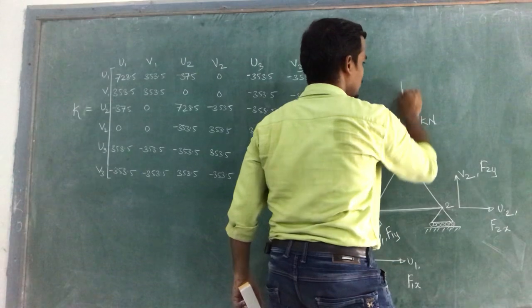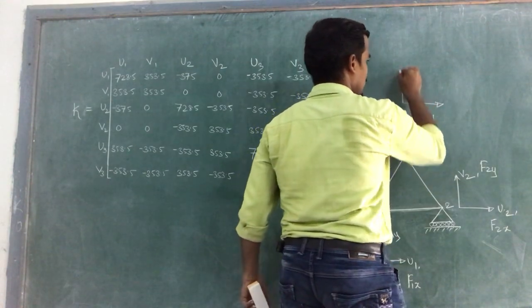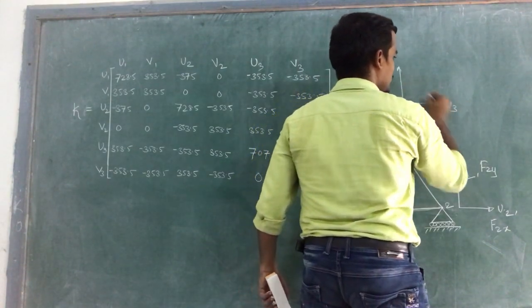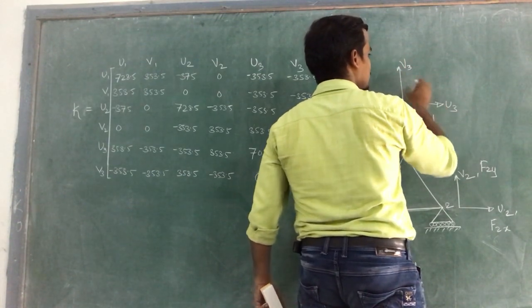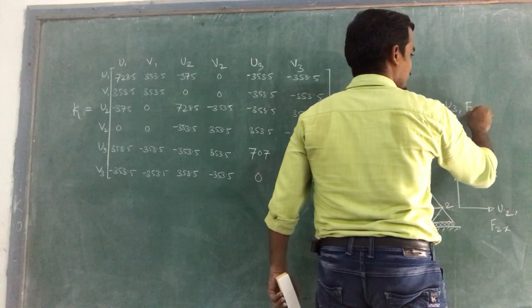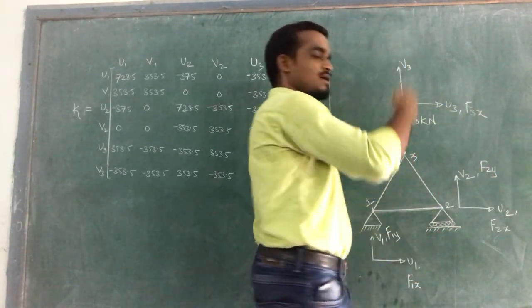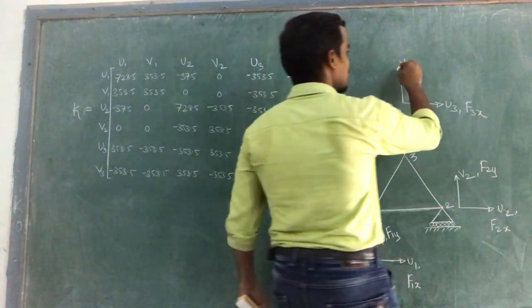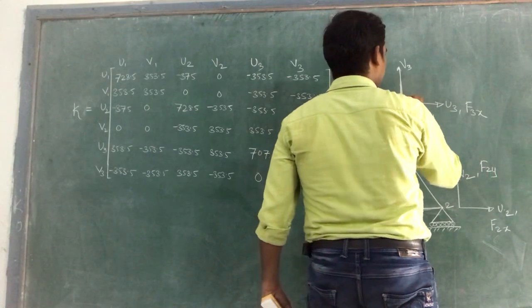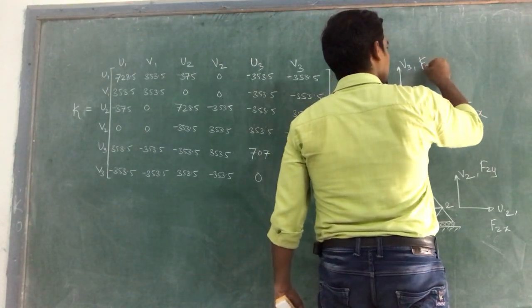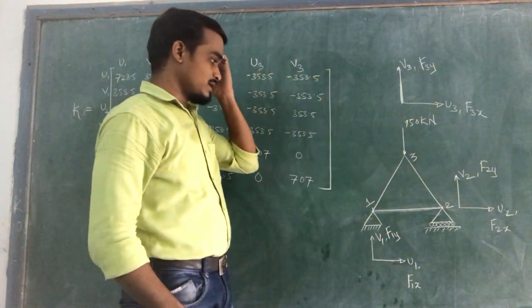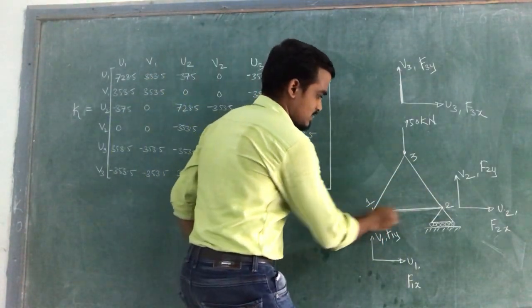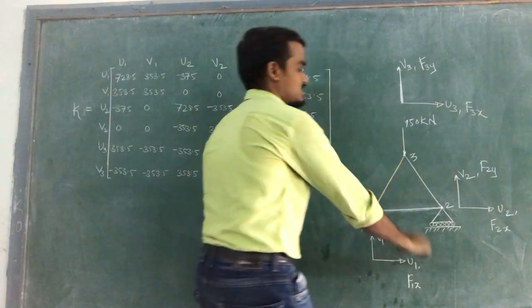Similarly, at node 3, U3 is the horizontal displacement and V3 is the vertical displacement. Similarly, F3x is the force in the x direction, and F3y is the force in the y direction at node 3. Okay, so this is the free body diagram of the structure.